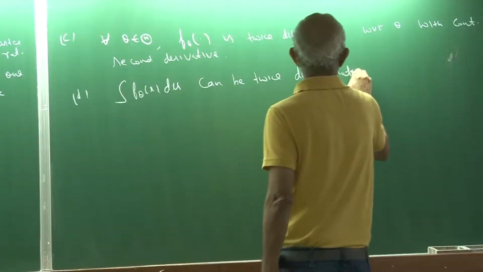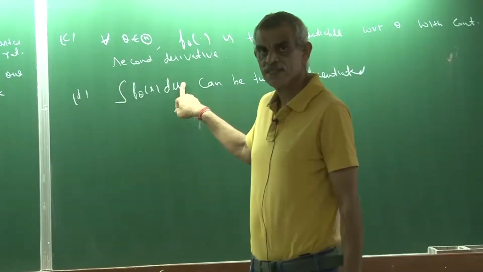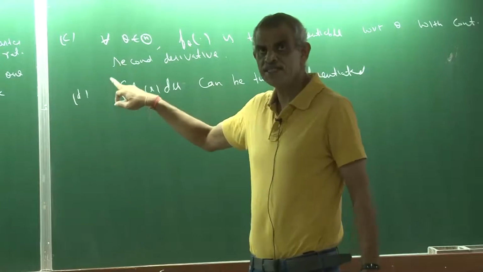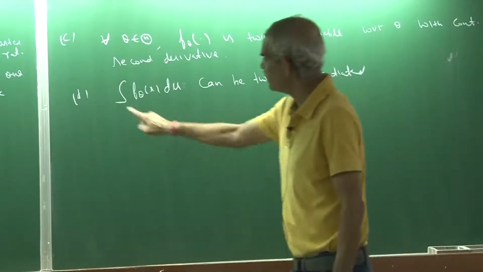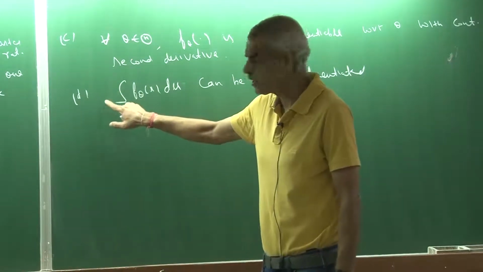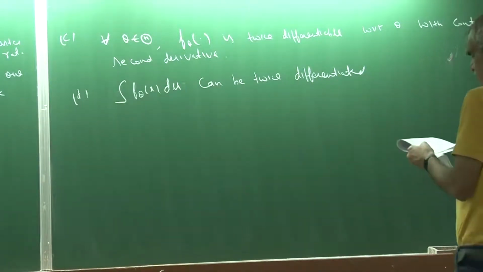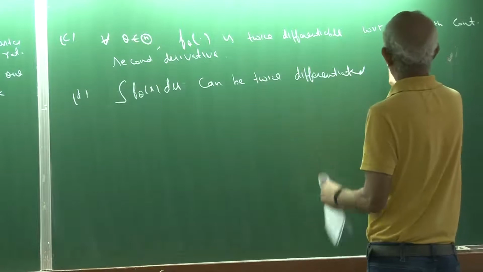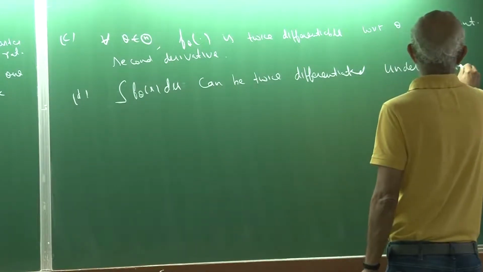First you know that the value of this integral is 1. So when I say it can be twice differentiated, the second derivative has to be 0. But if the second derivative has to be 0, I can take the derivative inside the integral sign. It can be twice differentiated under the integral sign.